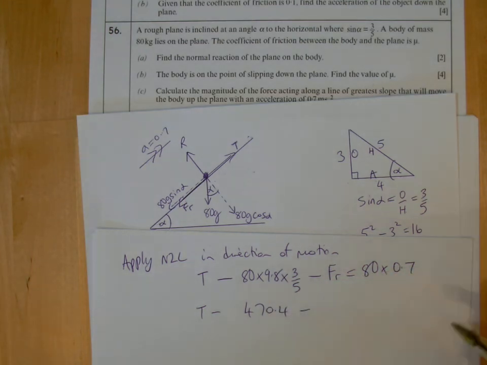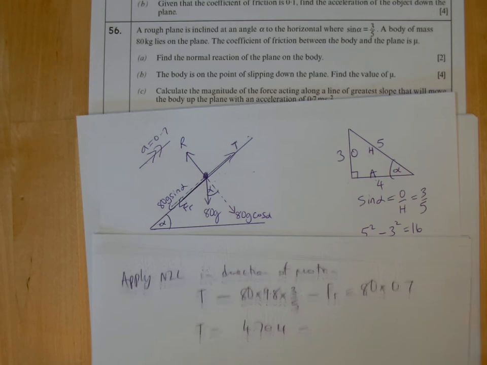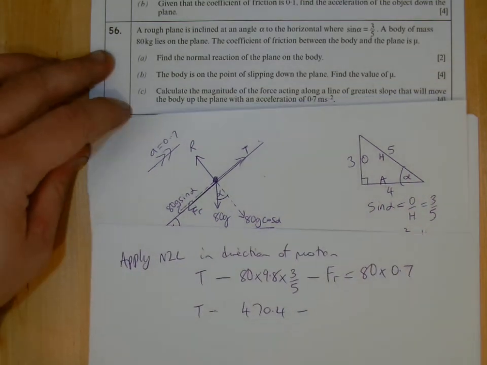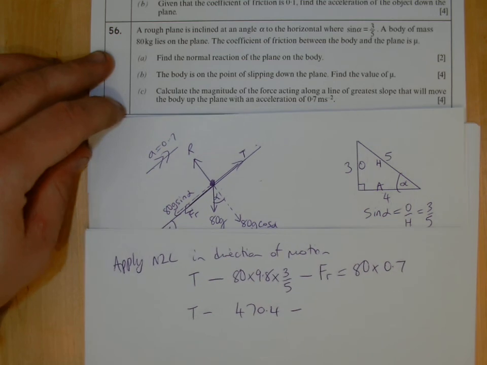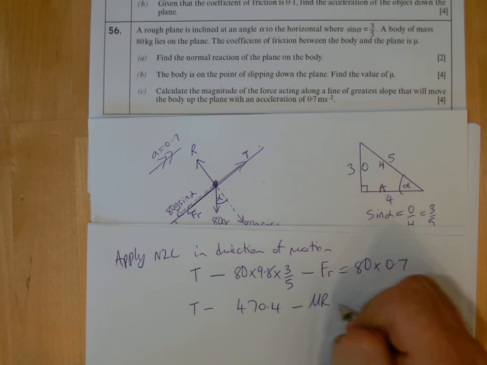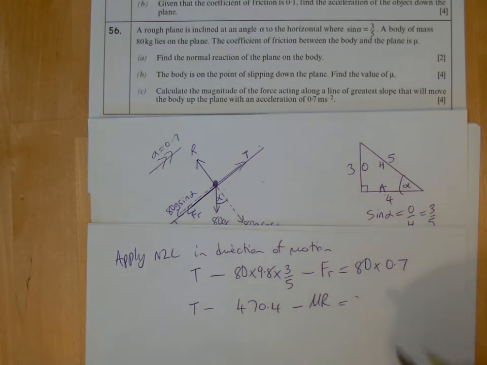Friction, don't forget, is mu R. So we know in this case that mu was 3/4, wasn't it? Perhaps I'll just write that down first. 80 times 0.7 is 56.